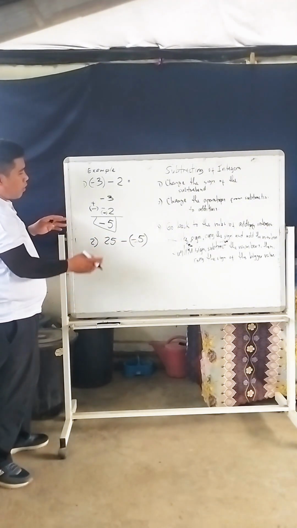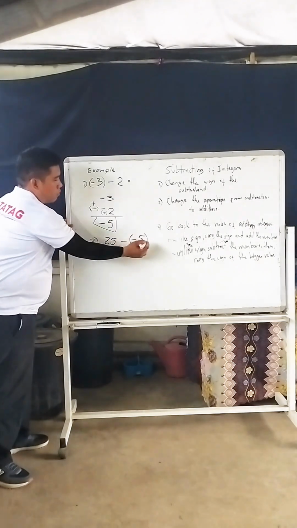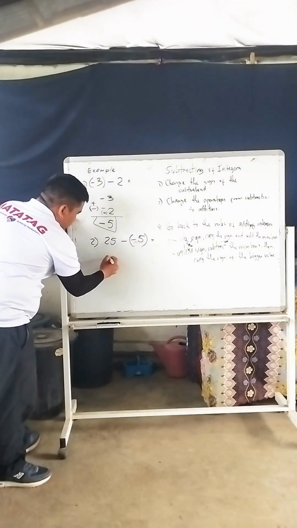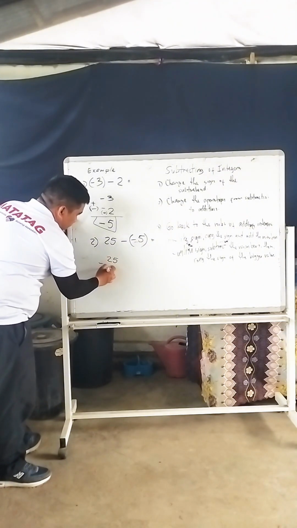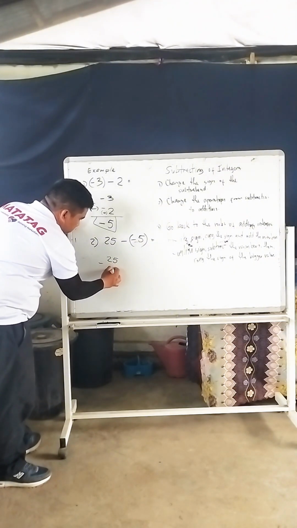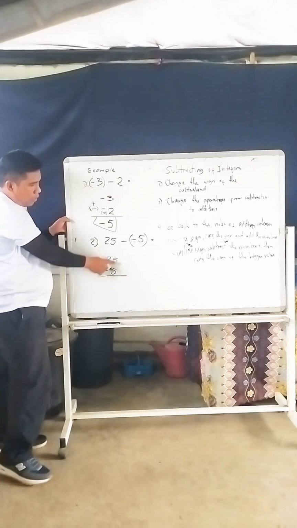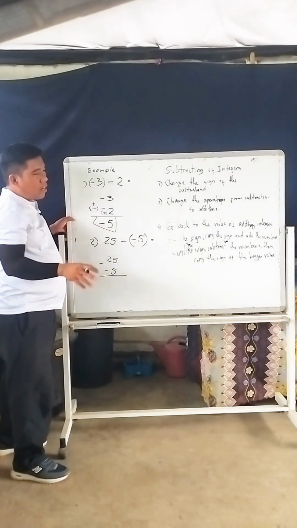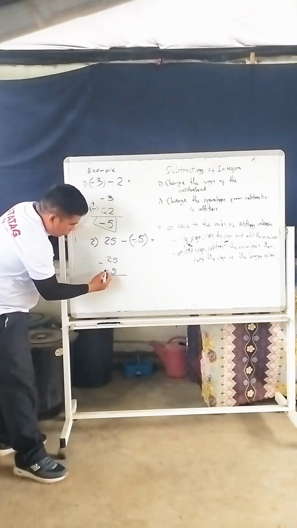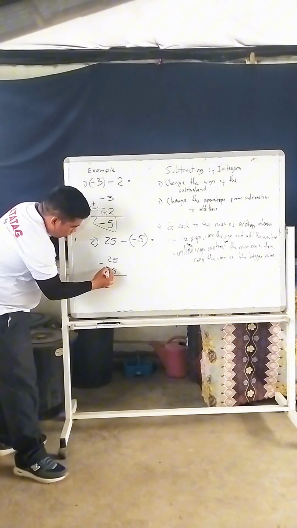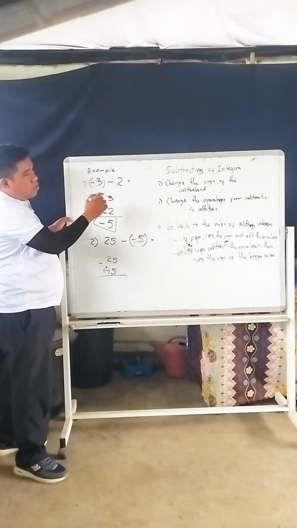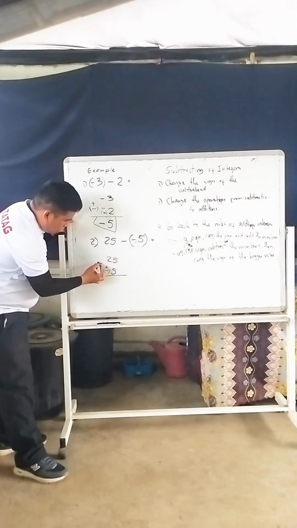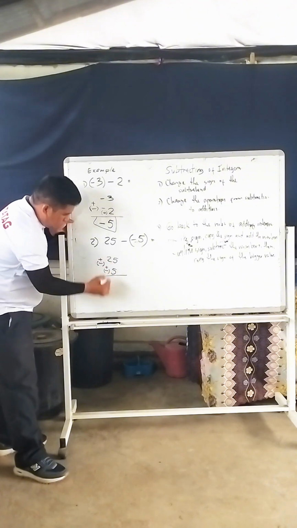Again, we need to rewrite this one in this manner for us to answer it smoothly. So 25 minus the negative 5. So first rule, we need to change the sign of the subtrahend, so from negative to positive, and change the operation from subtraction to addition.